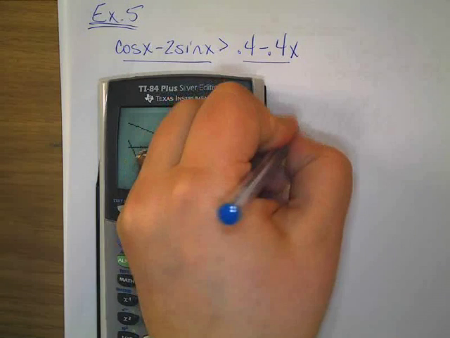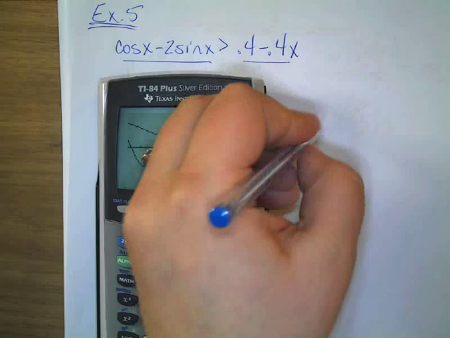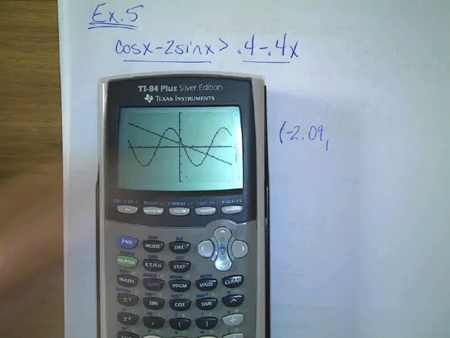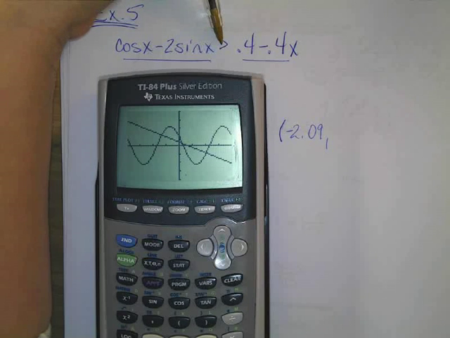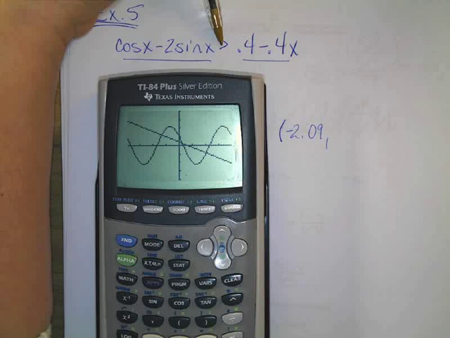Negative 2.09. So that's where it starts being bigger. And why didn't I put a hard bracket? Why did I put a soft bracket? Because it's not bigger at all. There's no equal bar. So it's a soft bracket, not a hard bracket. Remember that? That's reaching back.